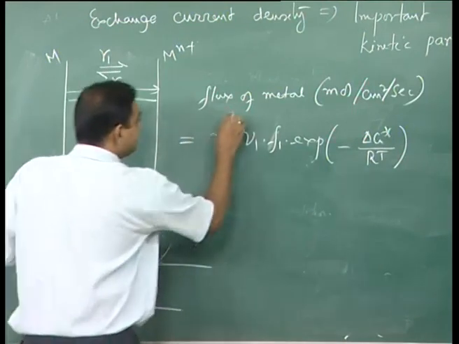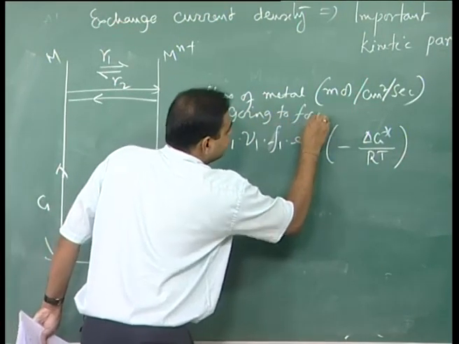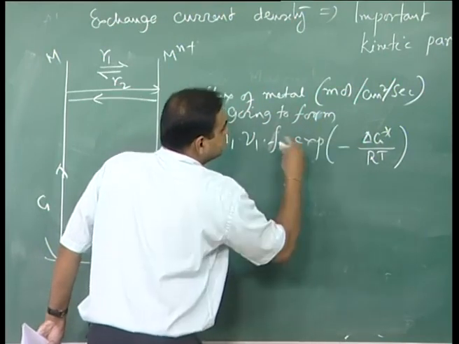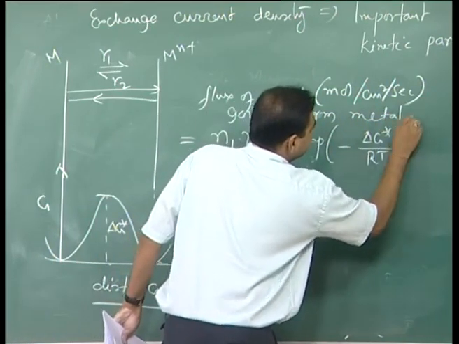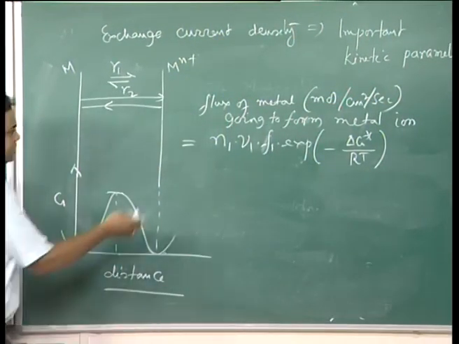This is the flux of metal going to form metal ion. What is N1?